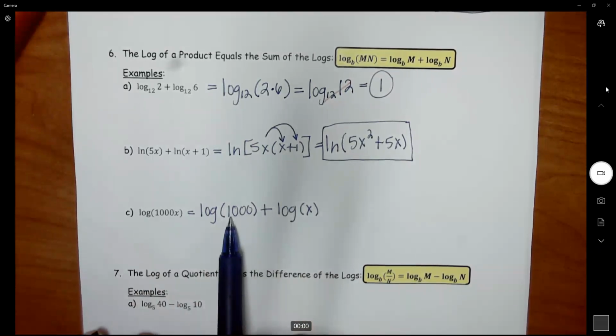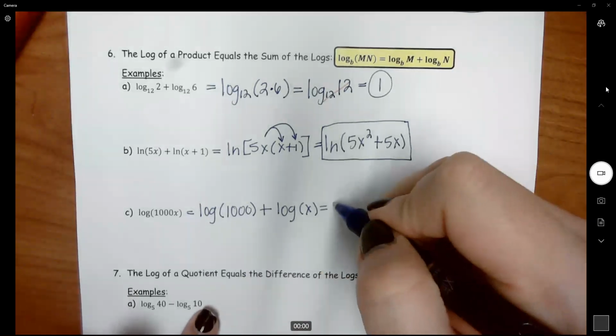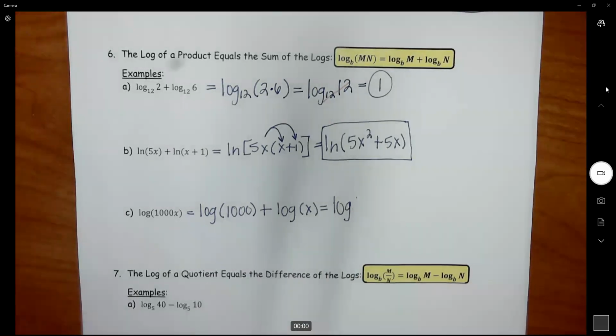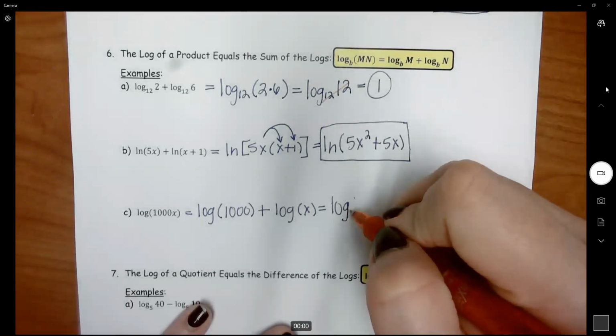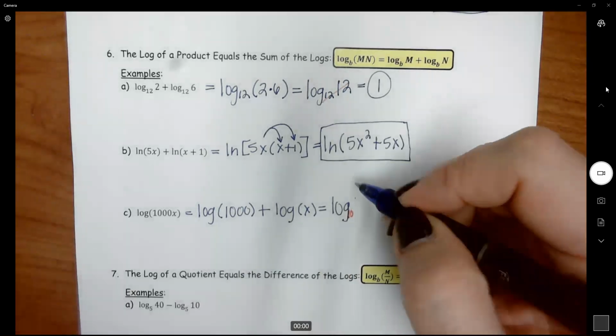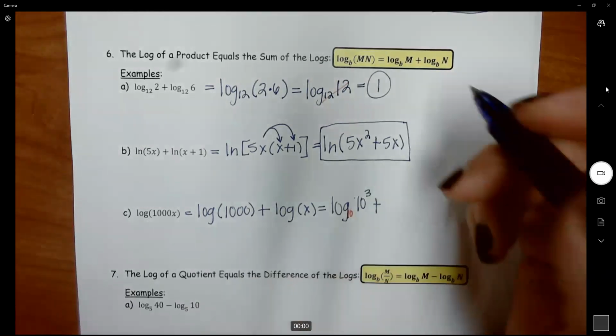This one here, I can rewrite 1,000 with a base of 10. That's a common log of known base 10. So log of 10 cubed. And I'm just going to rewrite my log of x.